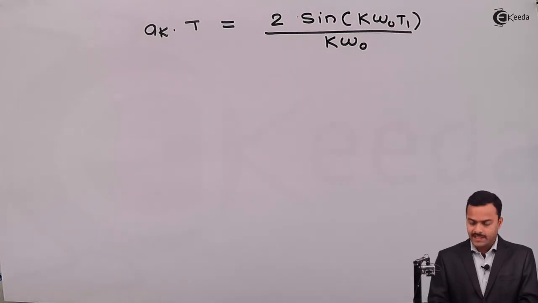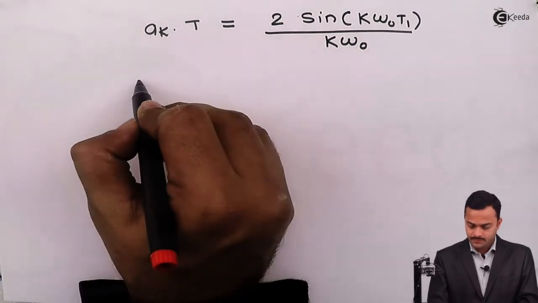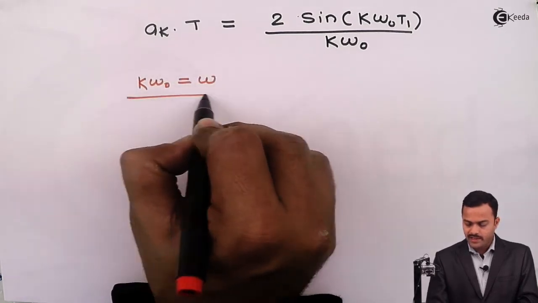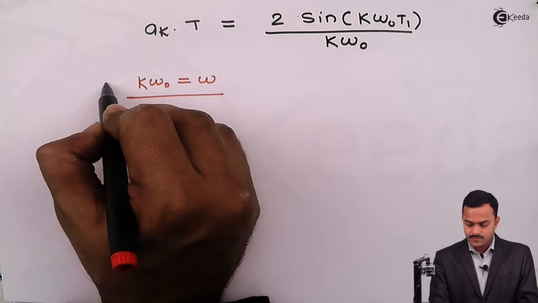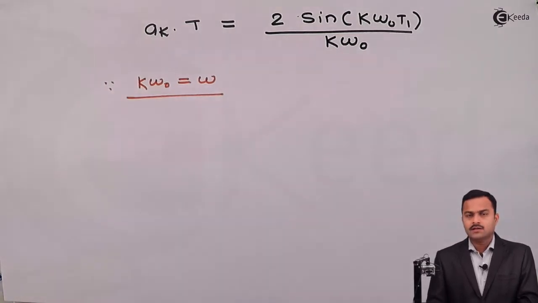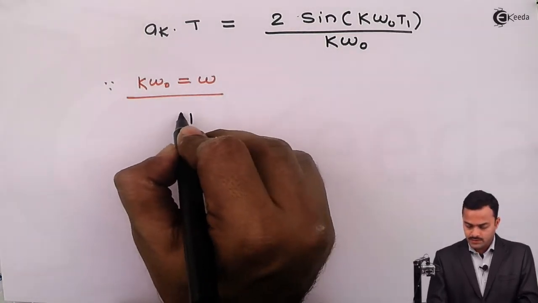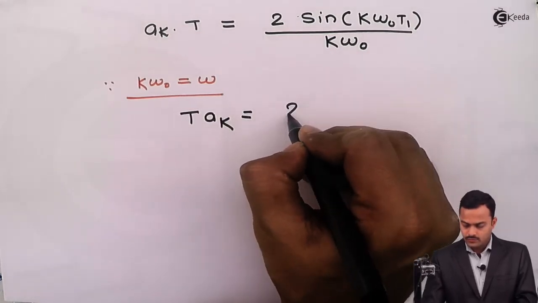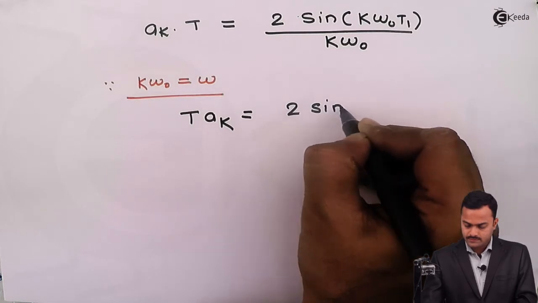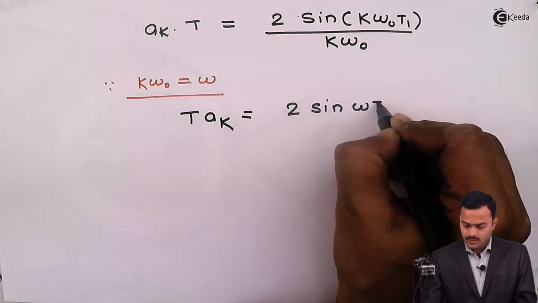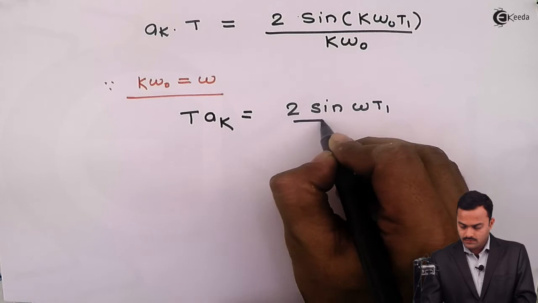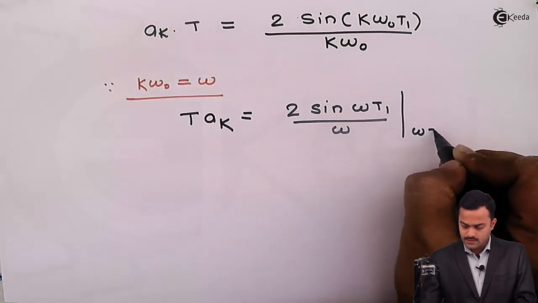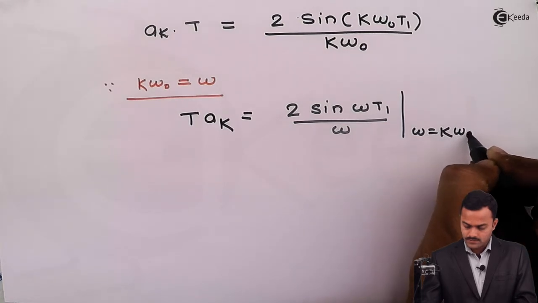Now I can consider k omega 0 as omega, so that we can reduce terms in the expression. So I get the expression T times a_k equals 2 sine(omega T1) upon omega, and this is true for omega equal to k omega 0.